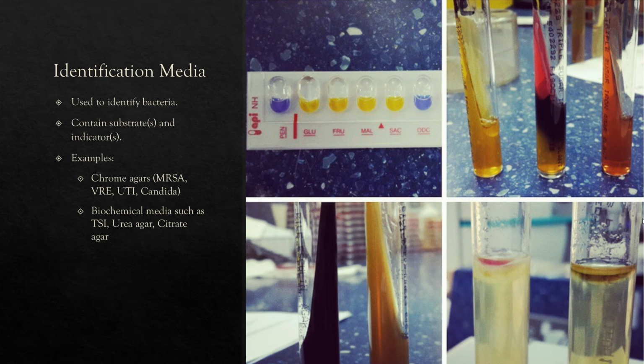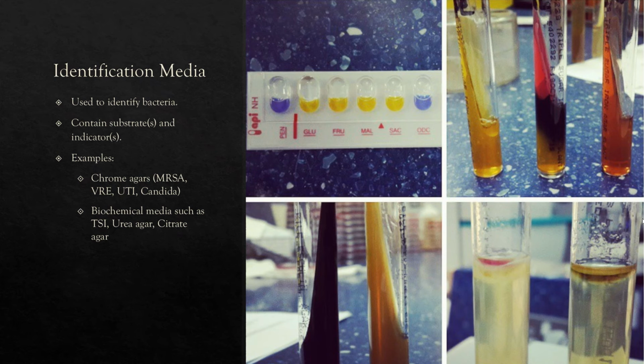One of the types is for MRSA strains, that is methicillin resistant Staph aureus, and in MRSA chrome agar, oxacillin is added, and the resistant strains of Staph aureus will grow on this medium, while MSSA, that is methicillin sensitive Staph aureus, will not grow on this medium.